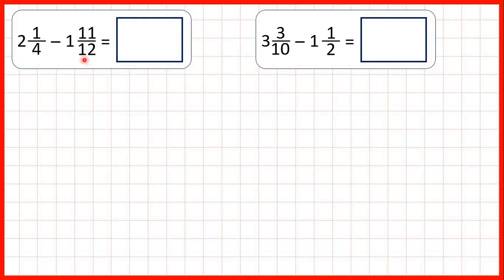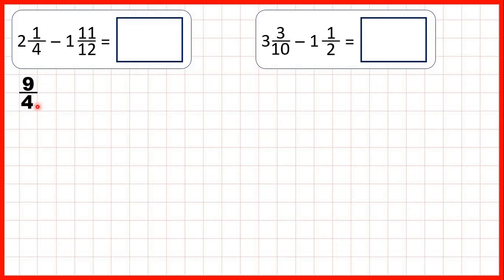Now we're subtracting mixed numbers, but this time we're going to get our answer by first changing both of our mixed numbers to improper fractions. Remember, to change a mixed number to an improper fraction, we multiply the whole number by the denominator and then add the numerator. So here, 2 times 4 is 8, plus 1 is 9.